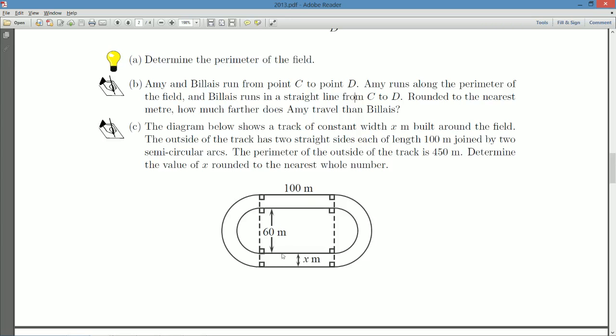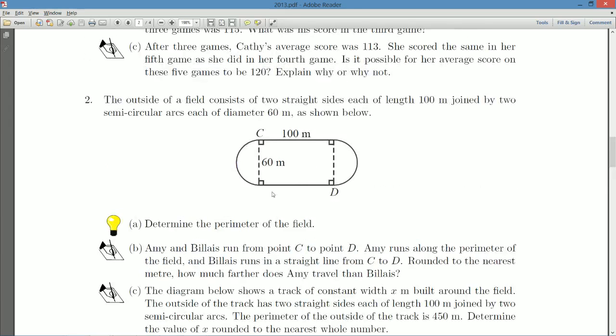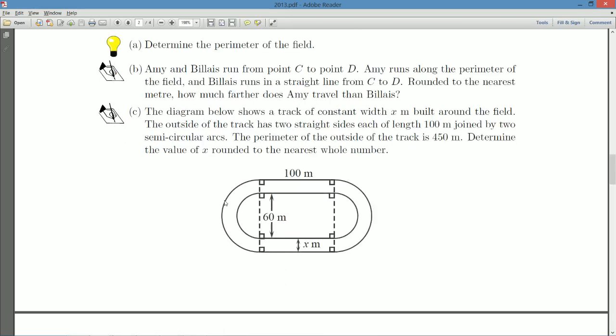So we don't know what x is, but we know that the whole thing bulges out by x. We still have 100 meters on either side, so it's really these semicircular arcs that have changed in terms of the overall perimeter, as compared to this one up here. So the difference between the perimeter in A and the perimeter in C is really just about this value of x pushing out the semicircular arcs.